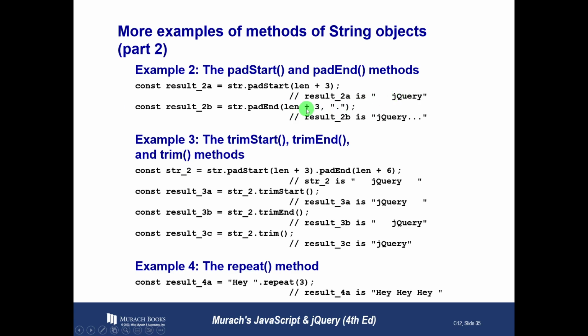We're going to take the length of our string plus 3, and we're going to pad on dots at the end, and we get the length of our string plus the 3 dots. So this one, padStart, pads the front, and since we didn't specify anything, it padded spaces. This one pads the end, and we did specify what to pad with in quotation marks, the dot, so it added 3 dots at the end.